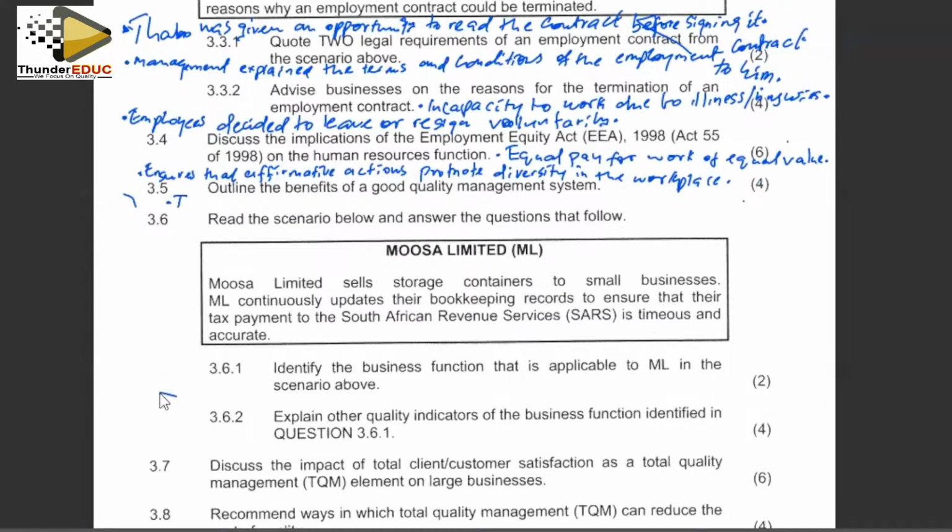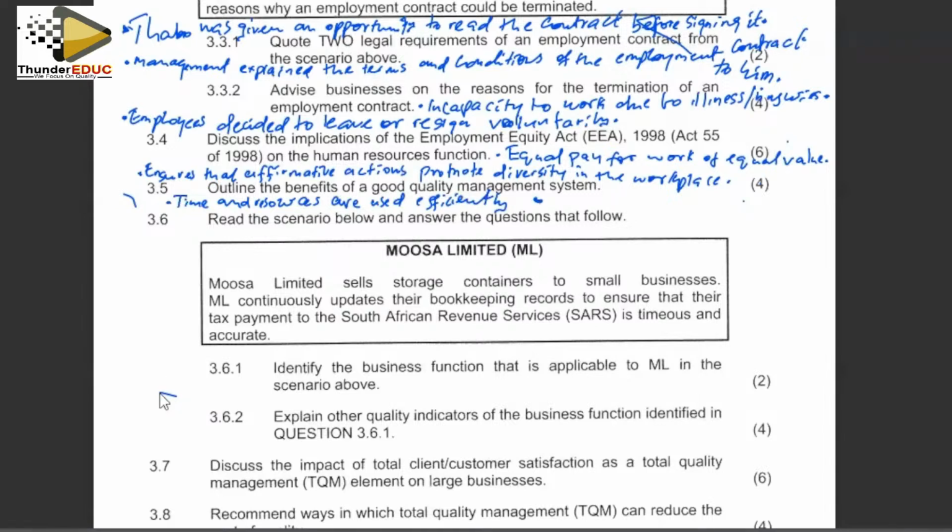We are saying that time and resources are used efficiently, meaning resources are not wasted.